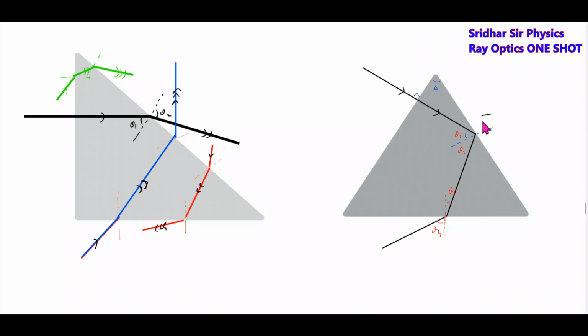It will undergo TIR here. These are some angles, let me give them. Theta 1, theta 2, theta 3, and this angle is theta 4.